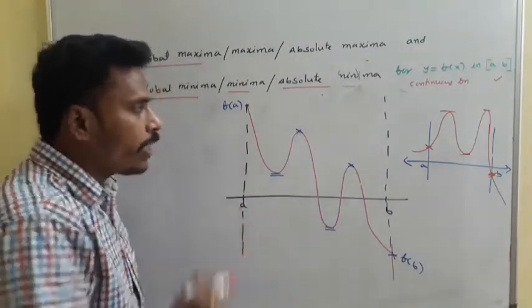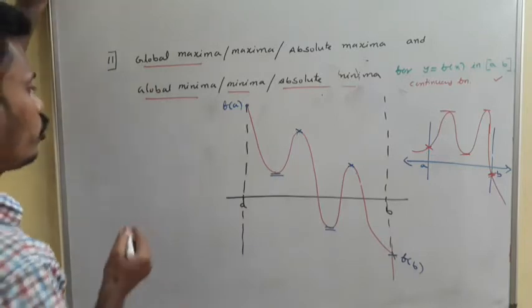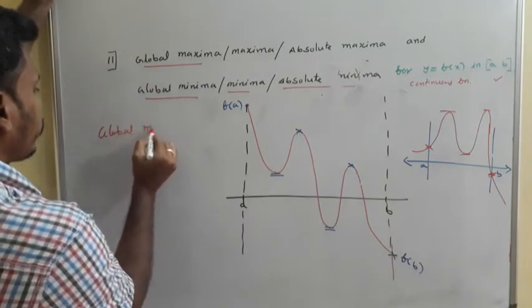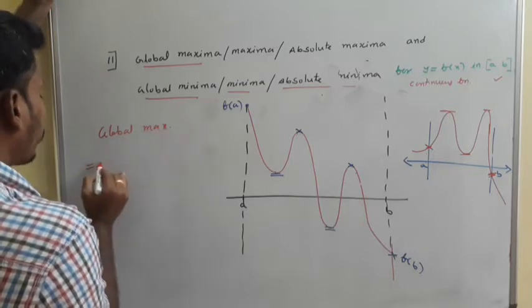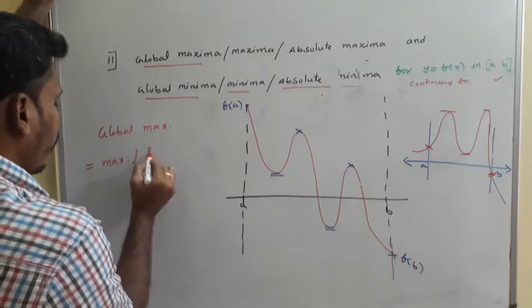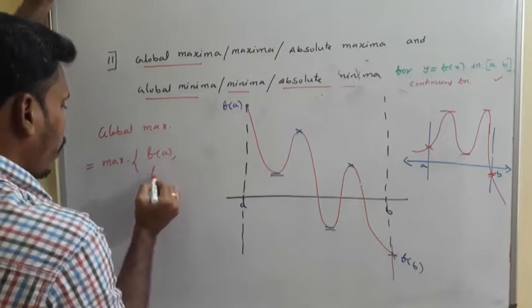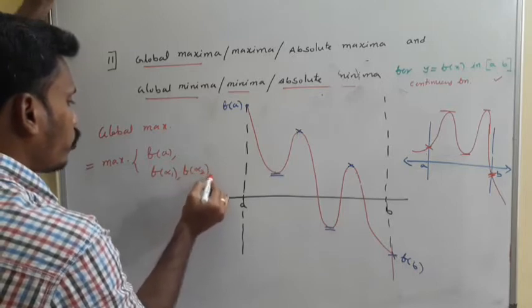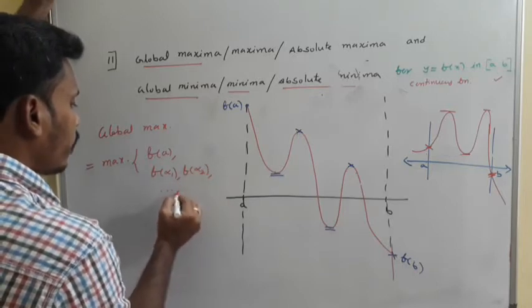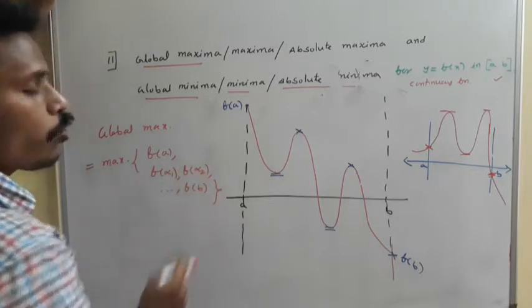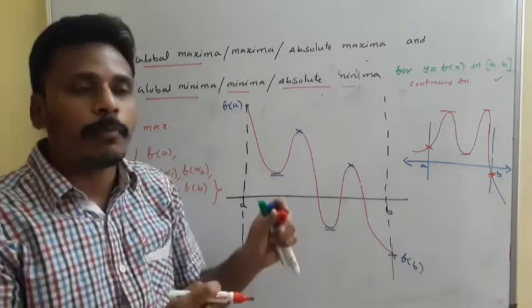So with this complete discussion, what I am going to conclude is global maxima is equal to maximum of f of A, f of alpha 1, f of alpha 2 and so on, f of B. Here alpha 1, alpha 2 are the local maxima points.